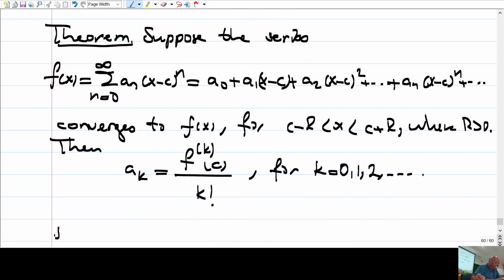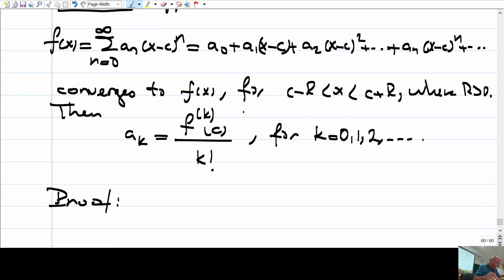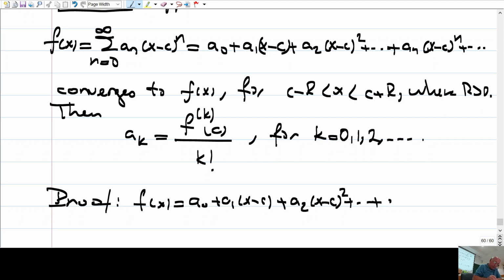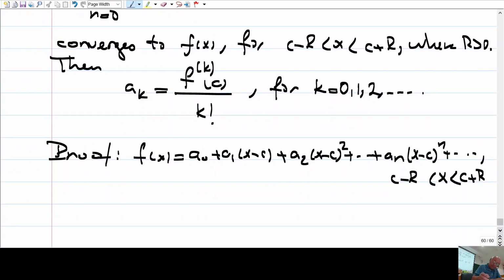And this is easy. We have every tool to show this. Well, f of x is equal to a0 plus a1 x minus c plus a2 x minus c squared plus and so on plus an x minus c to the power n, and this is true for all numbers between c minus r and c plus r.